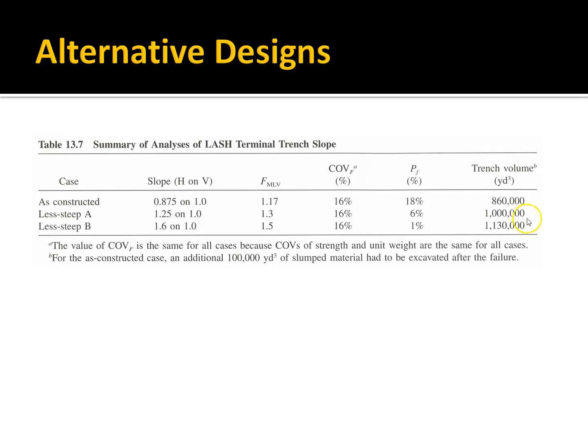Now these lower probabilities require a larger amount of material to be excavated, but these last two columns, if you're designing this, are really helpful, because then you've got a direct relationship between the probability of failure or the reliability and the cost, the actual trench volume.